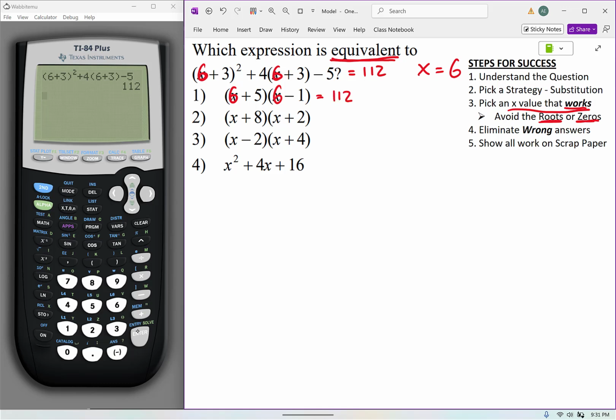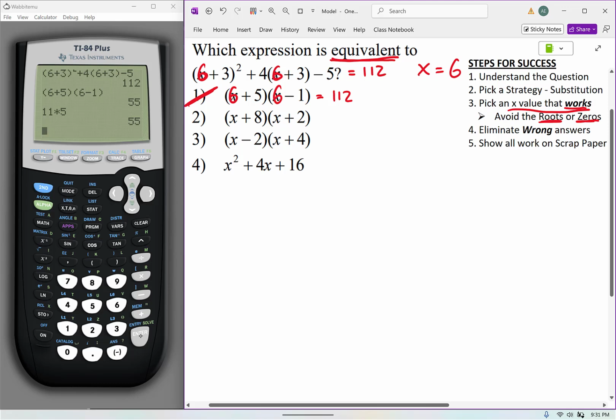I don't think it's answer choice 1, because if I do 6 plus 5, close it, open it, 6 minus 1, I don't think I'm going to get 112. Because 6 plus 5 is 11. This is multiplication, and 6 minus 1 is 5. 55. So do you see how I can say answer choice 1 isn't correct?